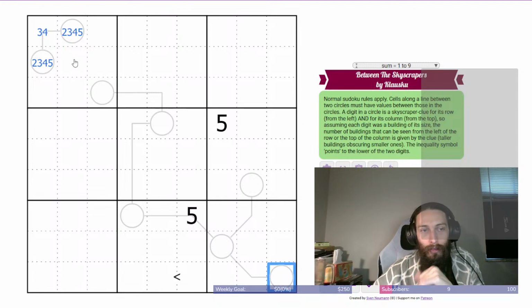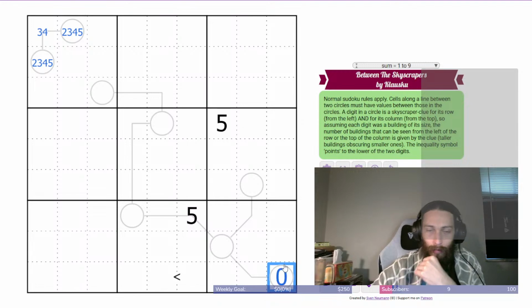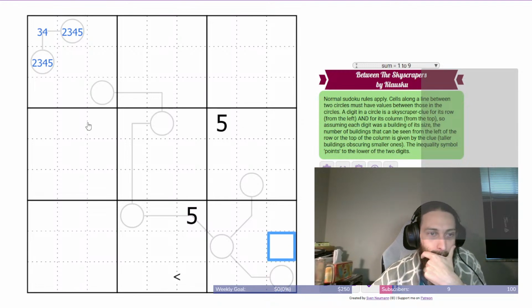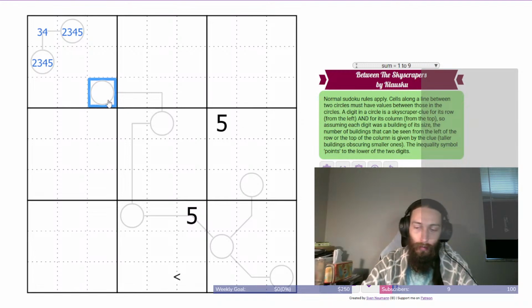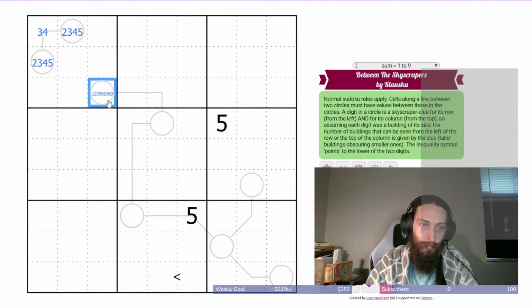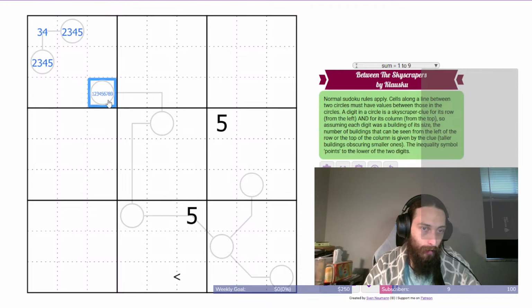Oh, and I guess one thing that disambiguates the rules as we were sort of discussing it at the start is this circle down in the bottom right corner. Because if it was from this circle, it doesn't see anything, and we can't put a 0 in the grid. So then, okay, this one has a similar restriction. It can be 1 or 2, but it cannot be 9, 8, or 7.